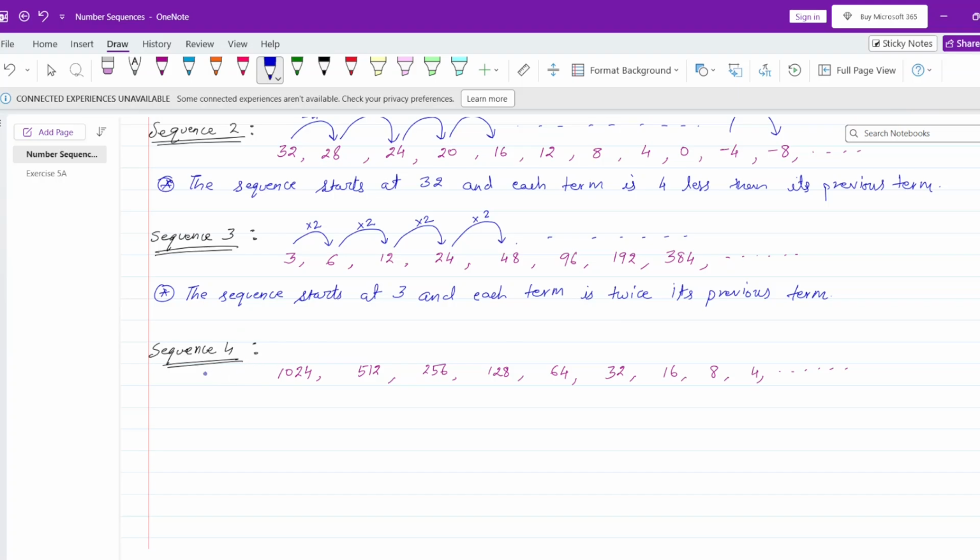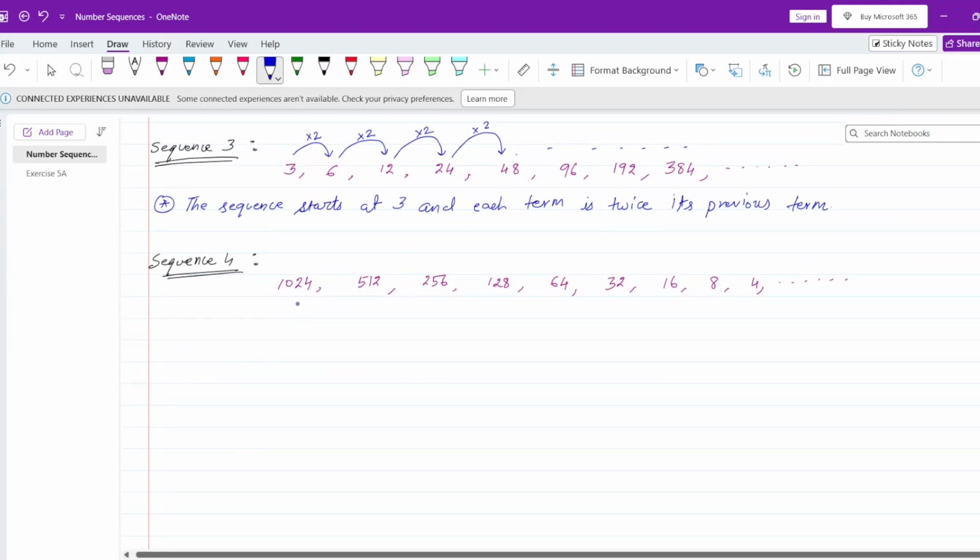Let's take this example, sequence 4. So the sequence is 1024, 512, 256, 128, 64, 32, 16, 8, 4, and so on.